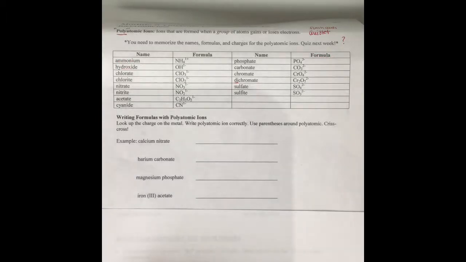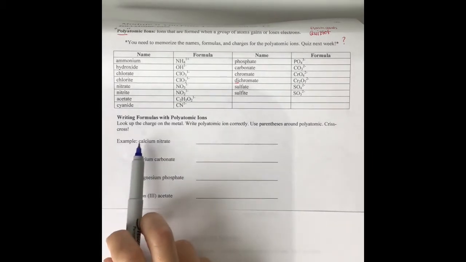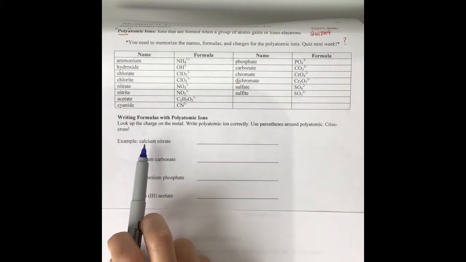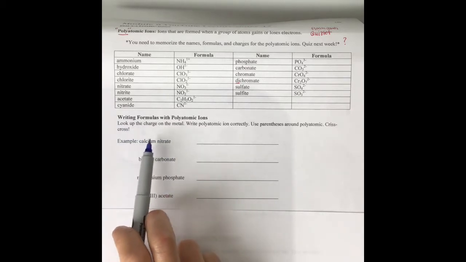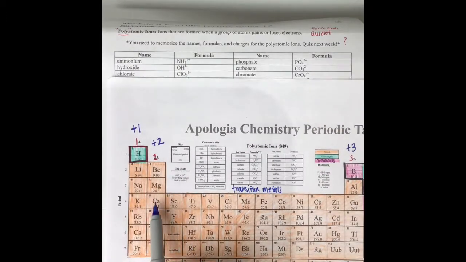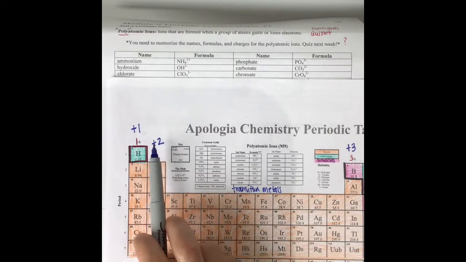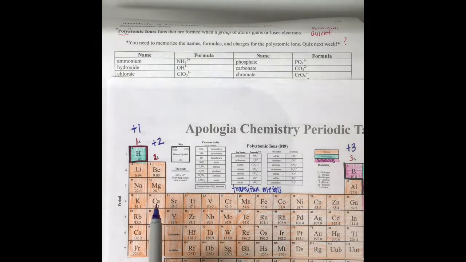All right, in this section, we're going to learn how to write some formulas using these polyatomic ions. So if someone told you to write the formula for calcium nitrate, the first thing you need to do is look up the charge on the metal, and that's going to be calcium. And when I say look up the charge, remember you're looking at how many electrons it likes to gain or lose to be like the nearest noble gas.